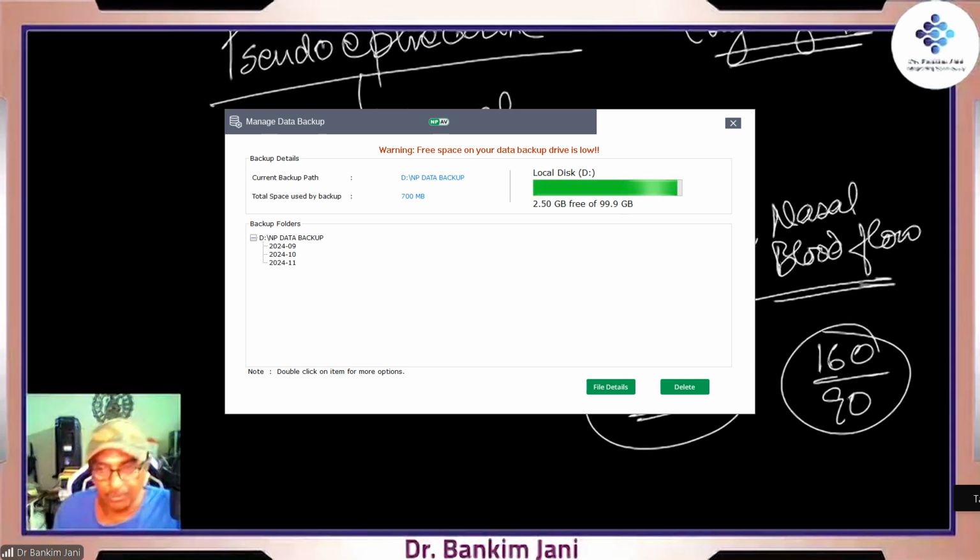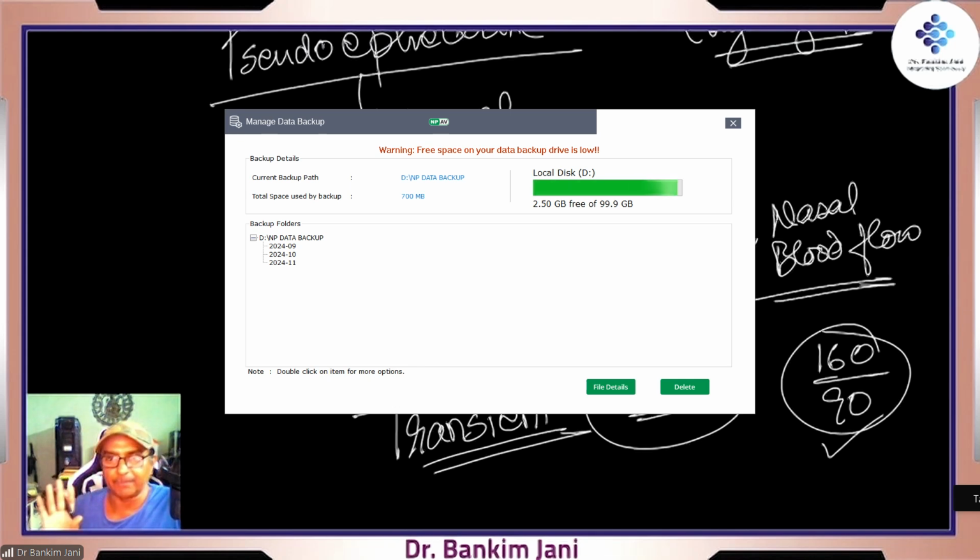If you have not asked and you start this treatment, the patient may develop hypotension, because people take this nasal decongestant for 1 or 2 days. That's why it is important, and that's why I said this increased blood pressure is transient. Even if you don't do anything, it will come back to normal.